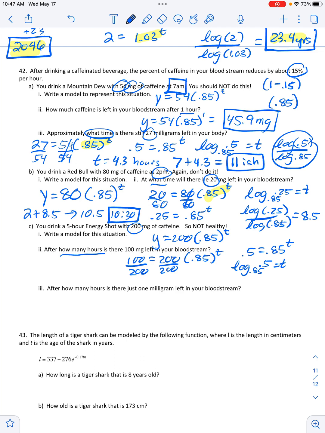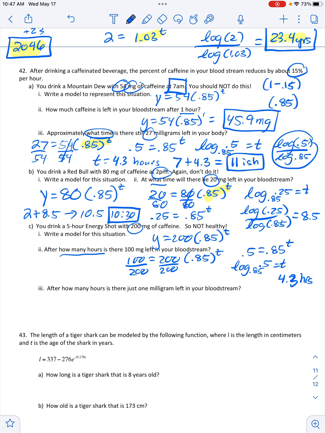Splitting that up on my calculator, I'm going to do the log of 0.5, and I'm going to close that out and then divide by the log of 0.85. Sorry, I was looking at something. So I'm getting 4.2-ish. Okay, and then that's actually 4.3.